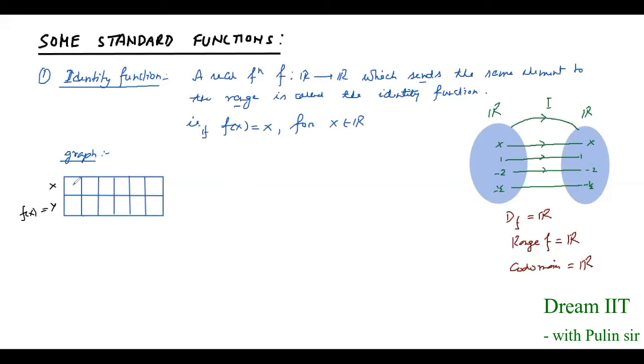Here, if we give the input 0, the output is 0. Similarly, if I give 1, 1 comes; 2, 2 comes; minus 1, minus 1; minus 2, minus 2; say minus 5, minus 5. No matter whatever input you give, that comes out as the output. Now let us try to draw the graph of this function.